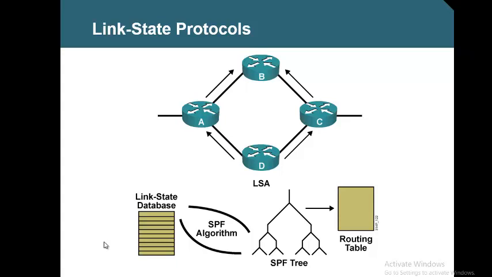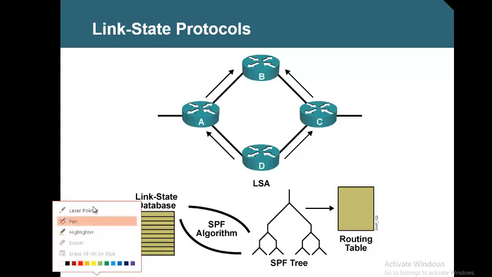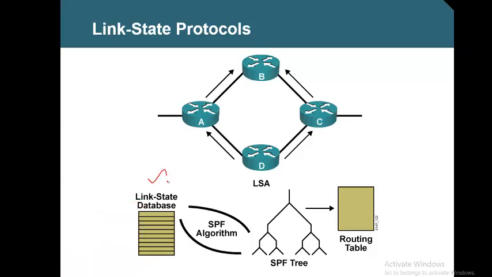They learn all possible link states, links and their status. With the help of that, it builds a database called LSDB, or link state database, on top of which the SPF algorithm will run, find the shortest path for every destination, and put that route in the routing table.